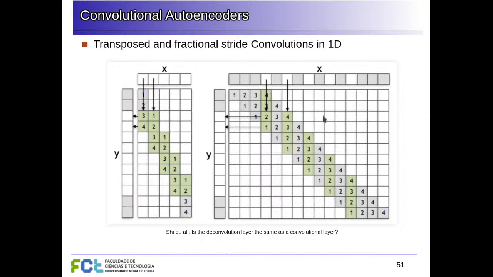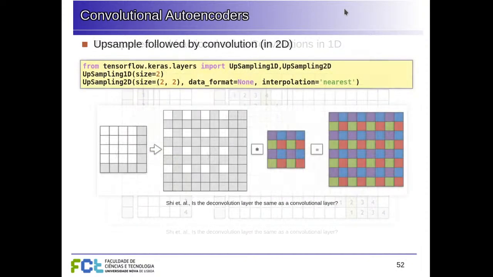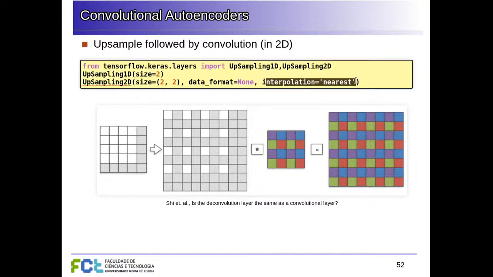But a better way of imagining this is to imagine that we padded the input by adding these values in between with zeros. But this is generally not the best way of doing these upsampling operations. A better way is to just upsample the feature map using, for example, nearest neighbor interpolation or linear interpolation.